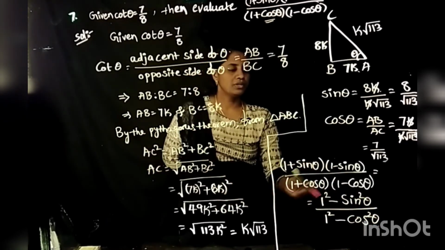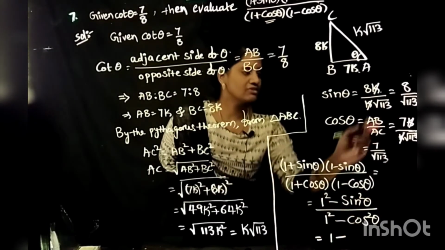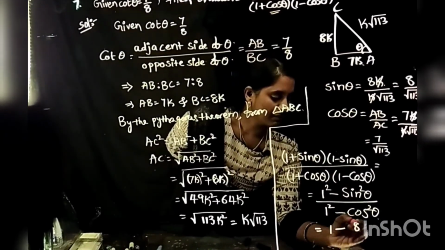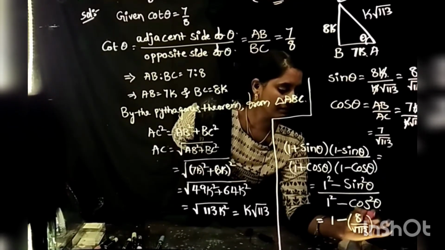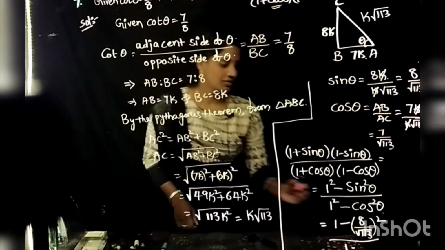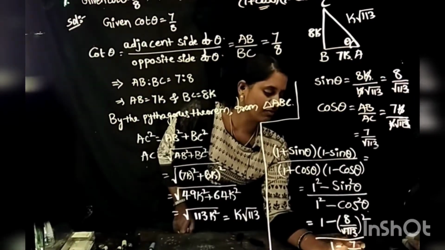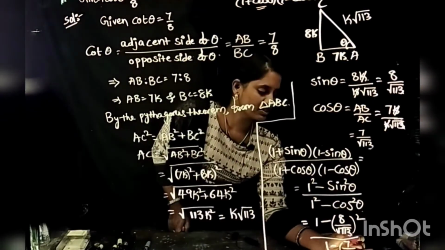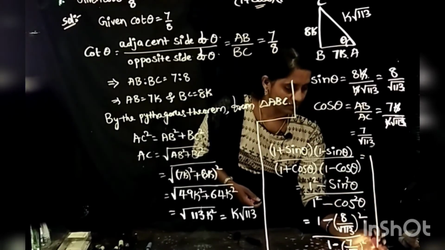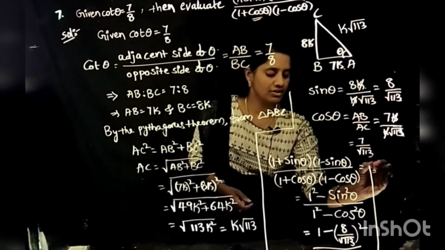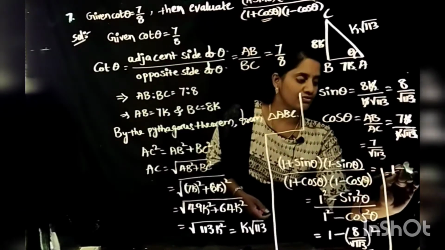Here we already know the value of sin theta and cos theta. 1 minus sin square theta, that means 1 minus (8 by root of 113) whole square, by 1 minus (7 by root of 113) whole square. Is equal to 1 minus 8 square, that is 64.